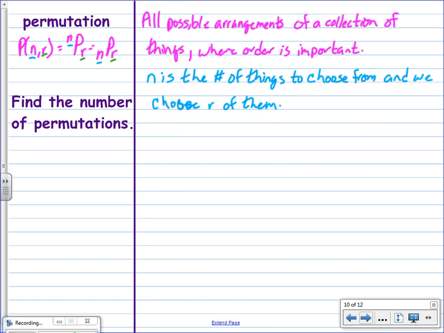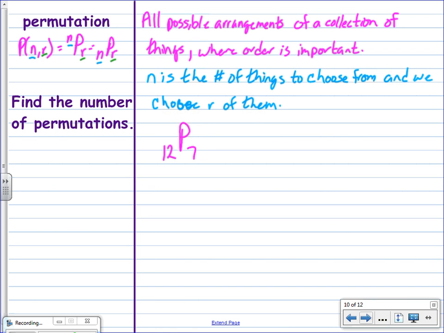But that's already given in the notes that you have to read and take up, so we're not going to do one like that. We're just going to do a standard example for you guys, okay? And I'm going to do P, and I'm going to say I have 12 things to choose from, and I want to choose 7 of them.